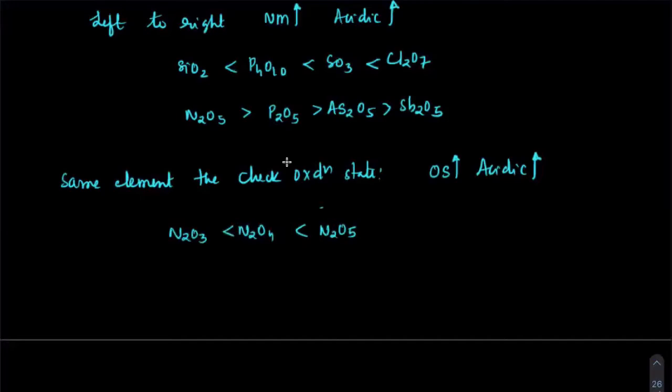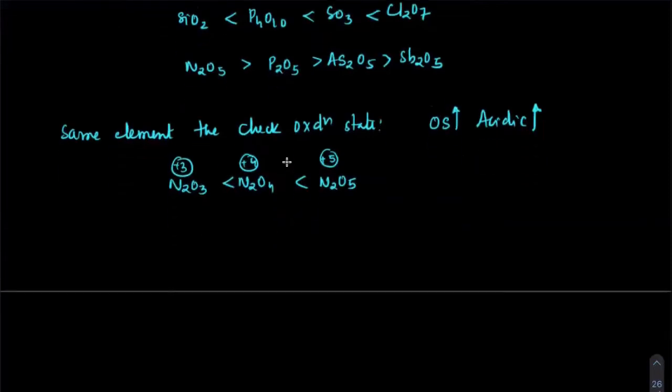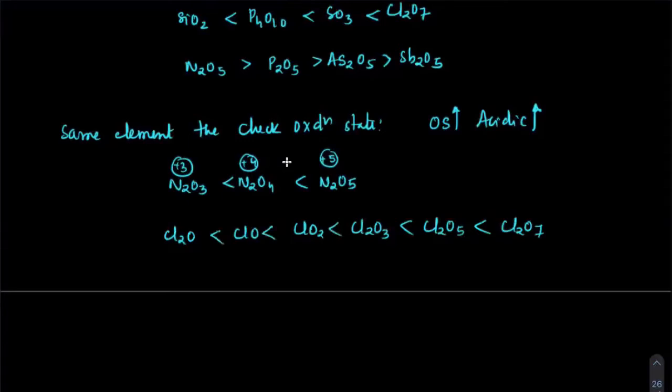This is how the oxidation state increases: +3, +4, and +5. Same thing goes for chlorine: Cl2O, ClO2, Cl2O3, Cl2O5, and Cl2O7. Acidic character increases this way.